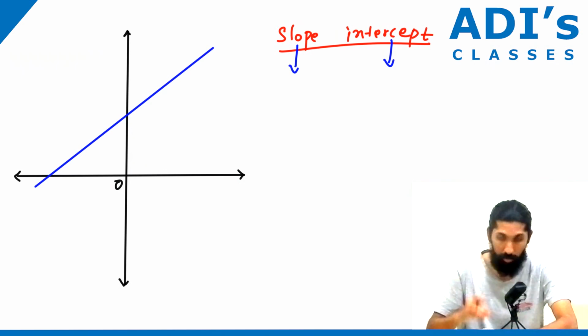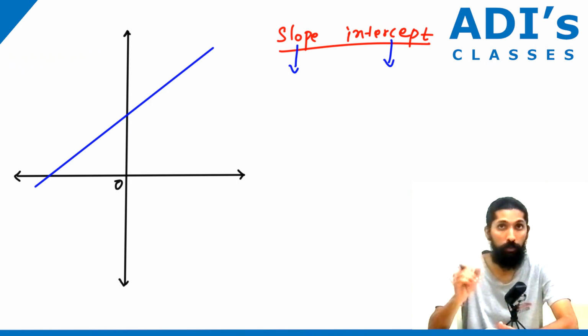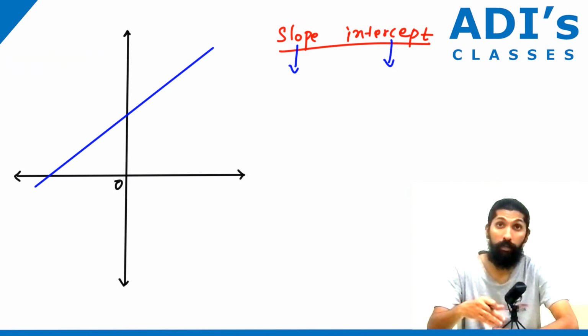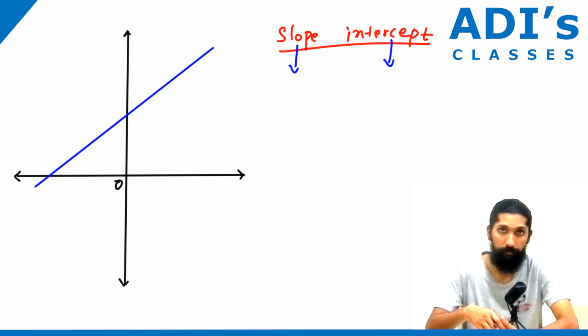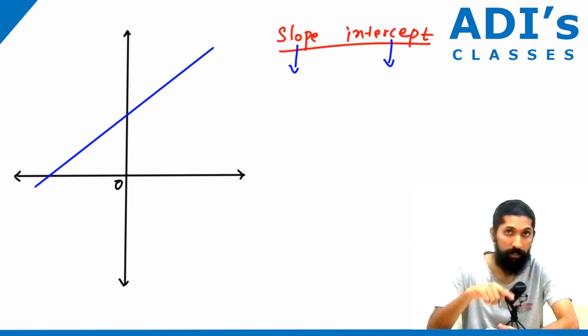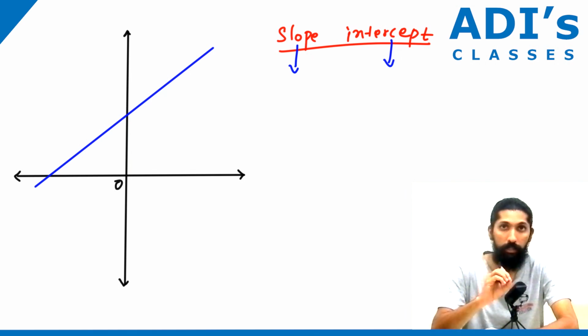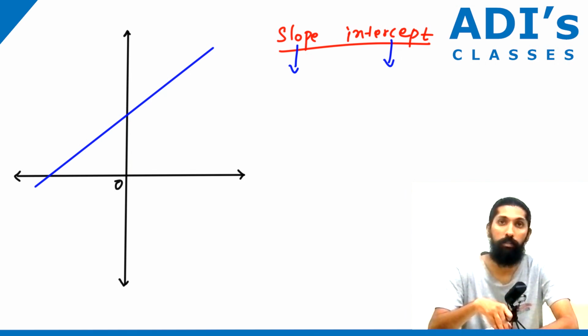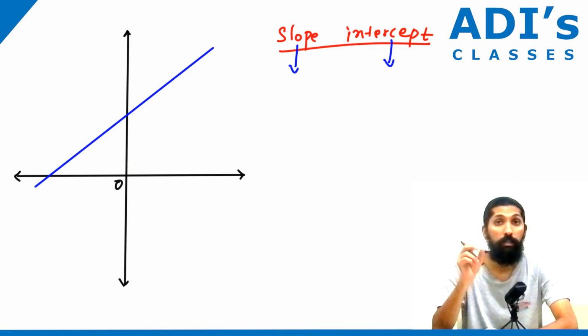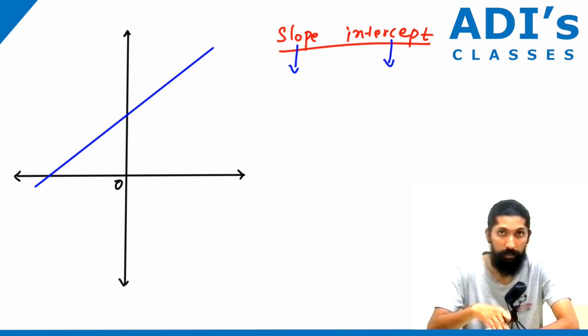From a straight line's point of view, the meaning of intercept is where the line cuts one of the axes, or it can cut both the axes. In this example, the line is cutting both the x and y axis, correct? The point where it cuts the y-axis, or the distance, we call the y-intercept. And where it cuts the x-axis is what we call the x-intercept.